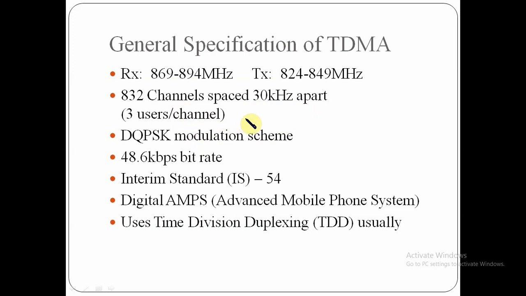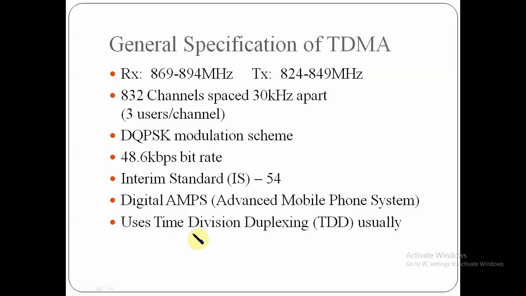The channels are divided into time divisions, with 3 users per channel. It uses a DQPSK modulation scheme. The bit rate is 48.6 kbps.